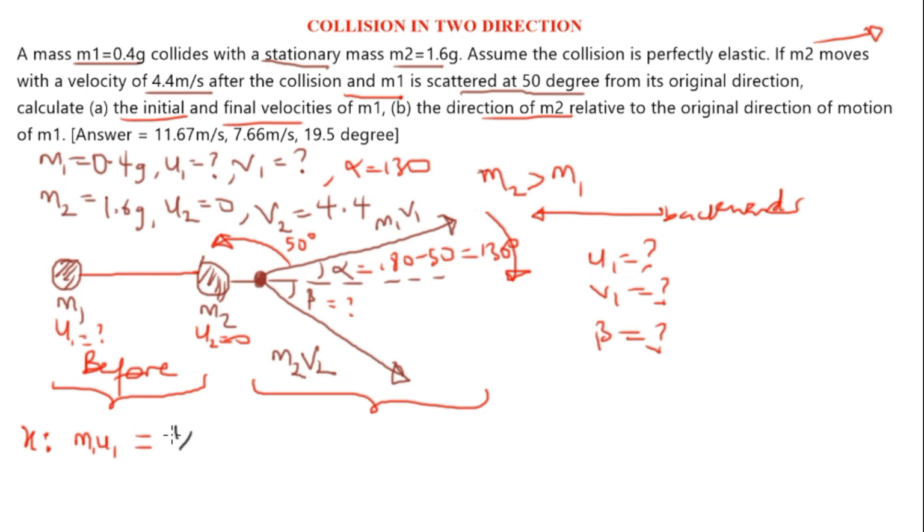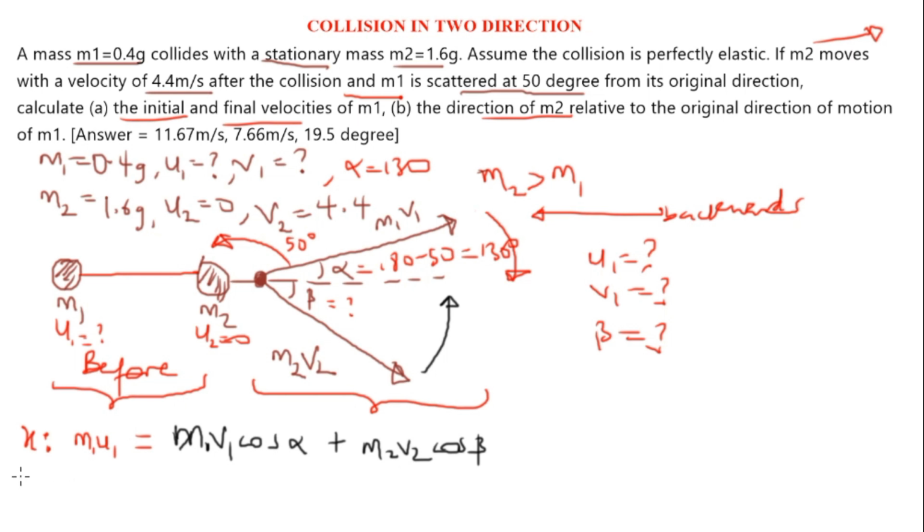I will have m1 v1 cos alpha, plus, I will resolve this to the positive x-axis as well, so that I will have m2 v2 cos beta.